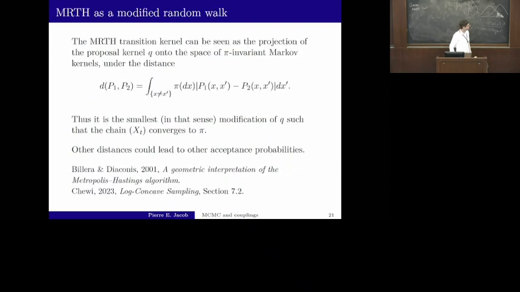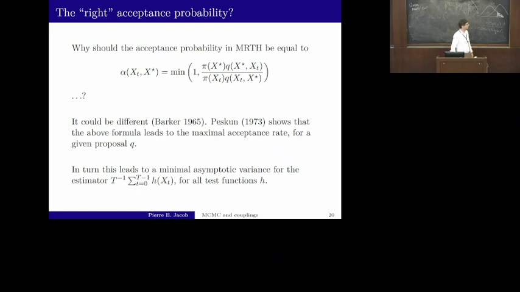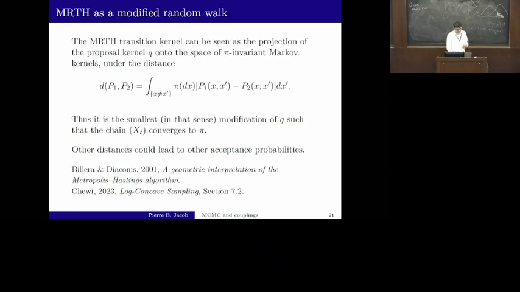There are all sorts of interesting things about this particular acceptance ratio. It leads to the best, though I need to check in which class. Somehow it's better than Barker's, and it's supposed to give a good asymptotic variance for your estimates. It's also, in a certain sense, the minimal deviation from your proposal.